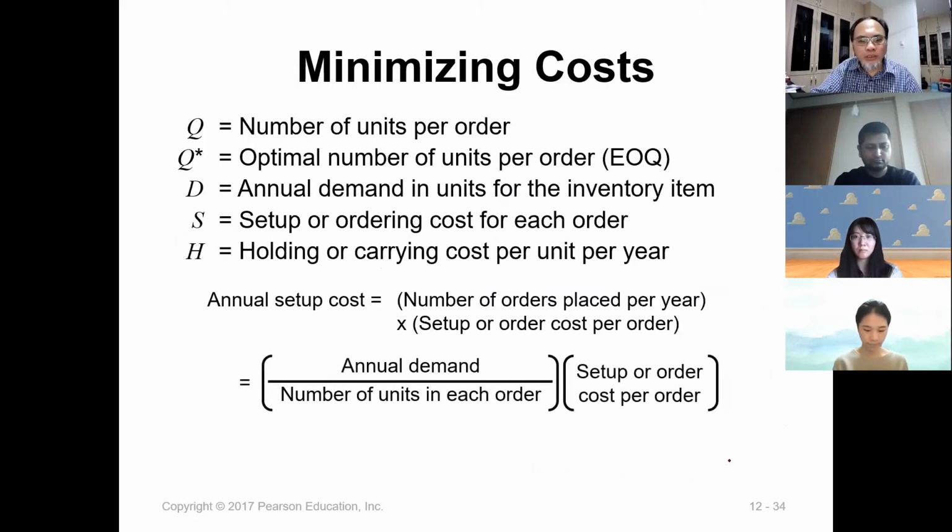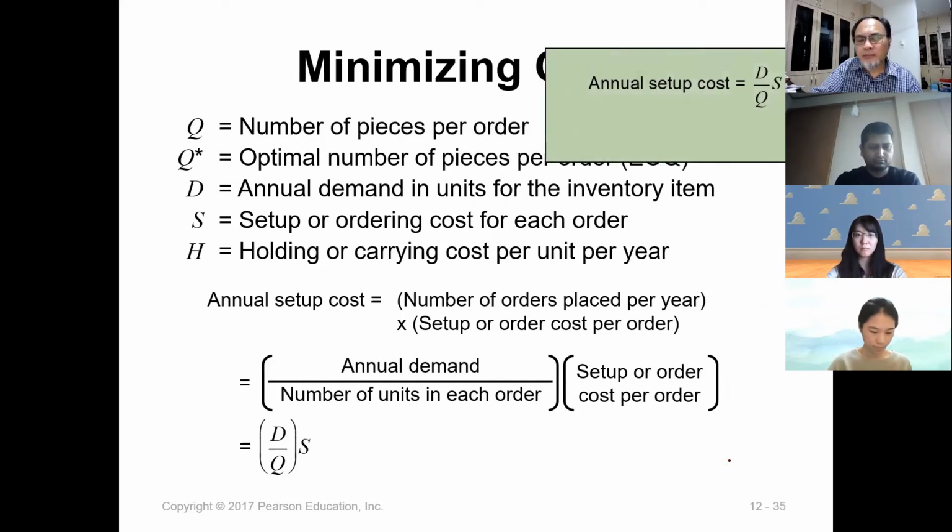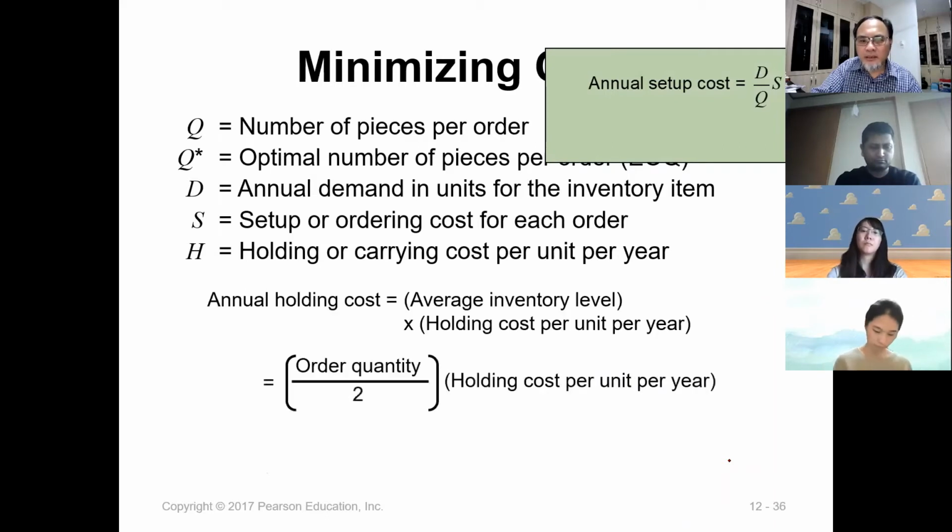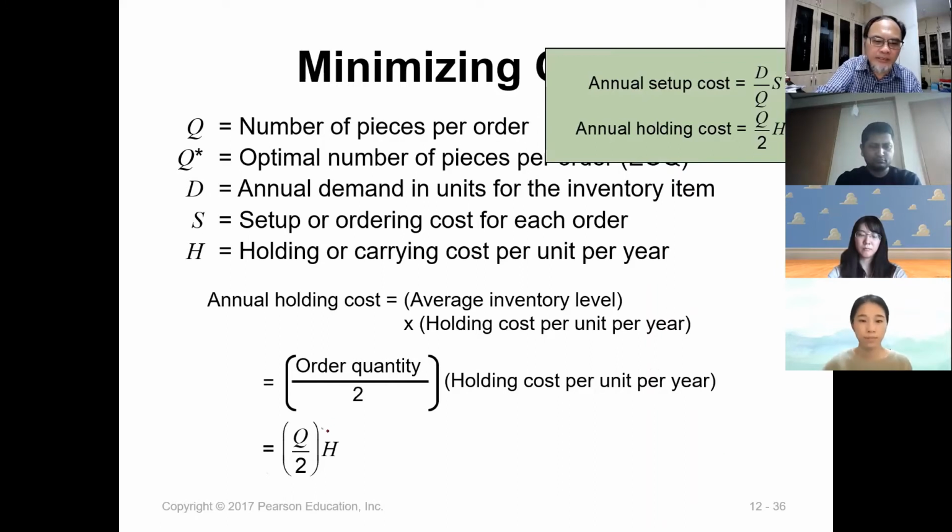And I've showed you the formula. This is a formula that is derived from that graph. Annual setup cost is D over Q times S. And annual holding cost is Q over 2 times H, which is average inventory Q divided by 2 multiplied by holding cost per unit per year.